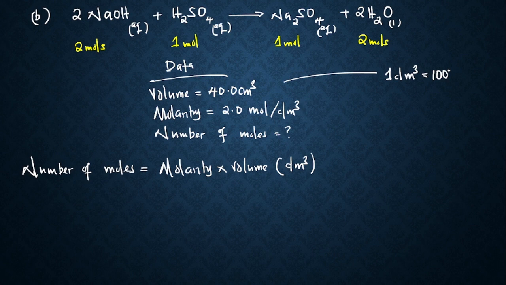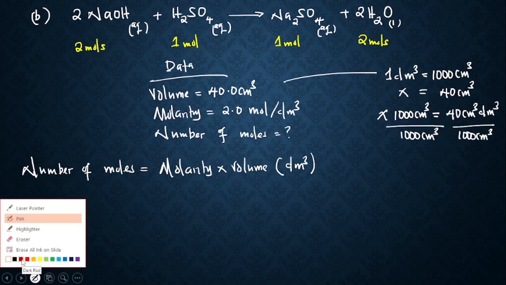To x. So when you multiply x by 1000 centimeters cubic, we're going to have x times 1000 centimeters cubic being equal to 1 decimeter cubic multiplied by 40 centimeters cubic. So you divide both sides by 1000 centimeter cubic. What are we going to have there? Cancel.